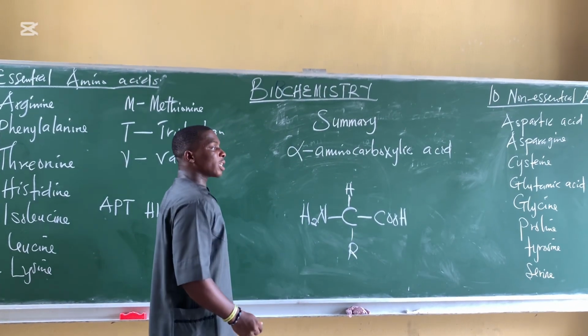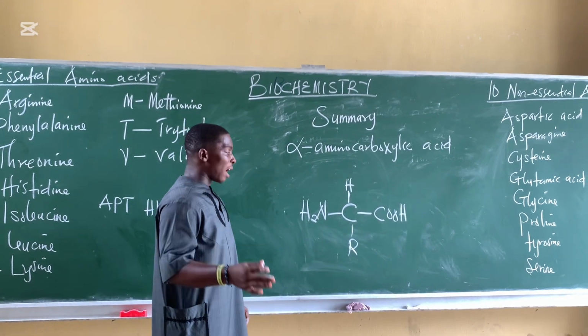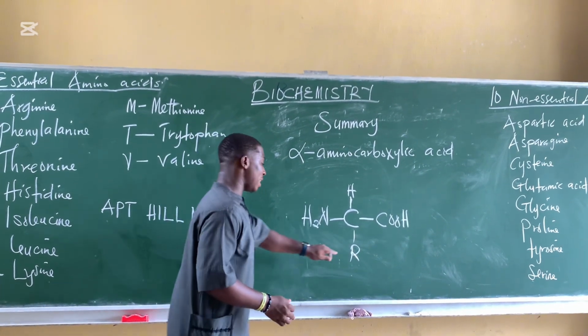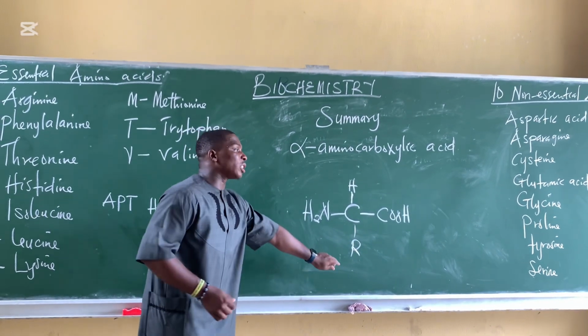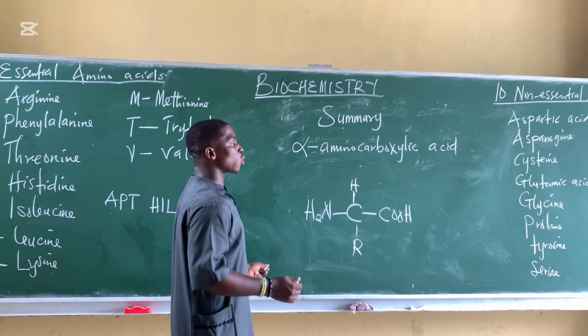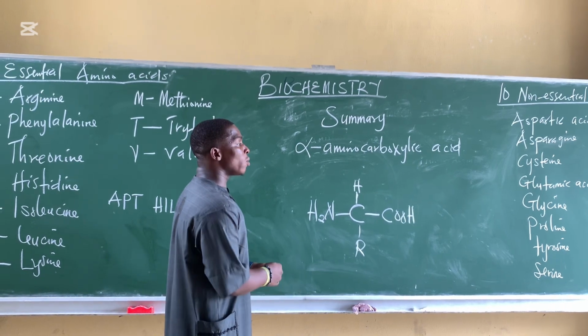Each amino acid differs from the other by the side chain. The differences in the alkyl group, which is the side chain, show the various composition of the amino acids.